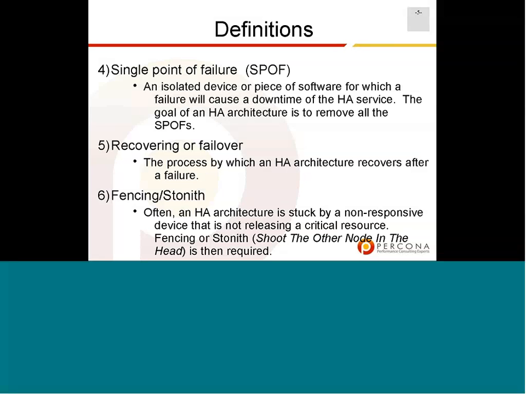High availability setups are designed in a way that they reduce single points of failure. A single point of failure is something that if it's down, the whole service is down. It can be many things. If, let's say, you have a very expensive cluster that shares the same switch or the same UPS, then those devices are a single point of failure.